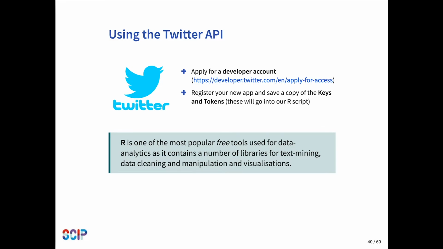In this instance, we're going to be using R. R is quite a popular and free programming language that's used very widely for data analytics and has quite a number of libraries that can be used for text mining, data cleaning and manipulation, as well as visualization.